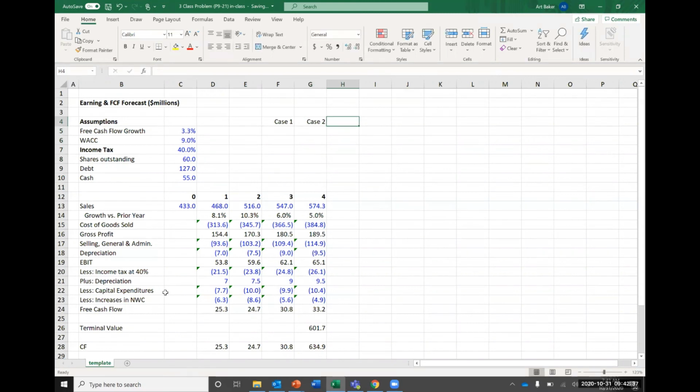I also have a selected case, and then I'll have a switch between the 2. And the things we are asked to change: the first one is COGS, the second one is SG&A, and the third is net working capital.